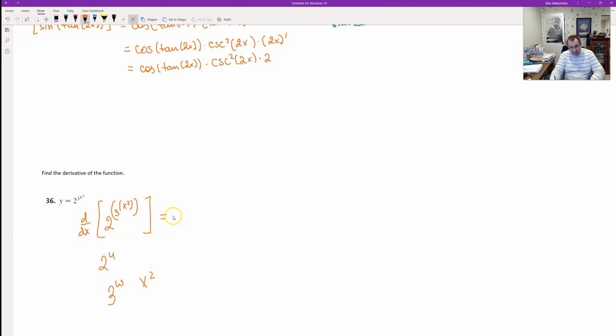And it would be natural log of 2 multiplied by 2 raised to that entire thing, so 3 raised to x squared. And then we need to take 3 raised to x squared and differentiate. Okay, so we copy everything over.